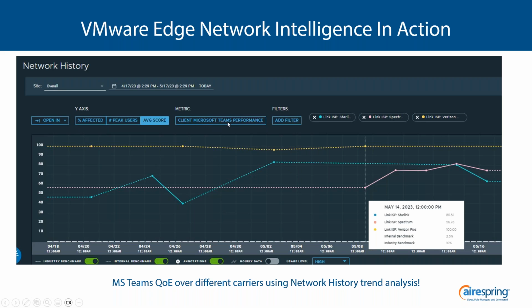In this case here, I'm looking at Microsoft Teams performance, and I've added 3 carriers that are in my network. So now I'm looking at this time frame from April 17th to May 17th, Microsoft Teams, who was using it over Starlink, CenturyLink, and Verizon Fios, and what was their quality of experience over those links.